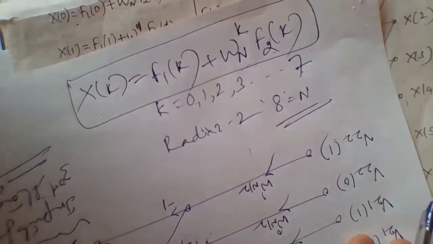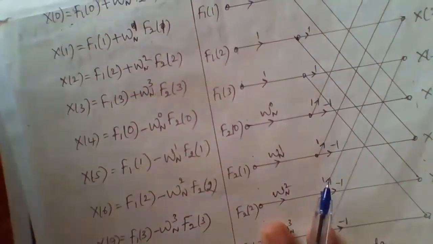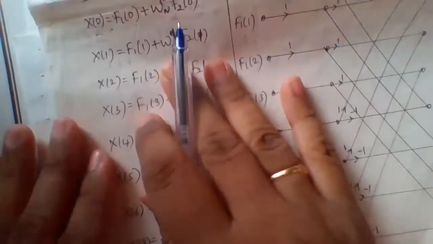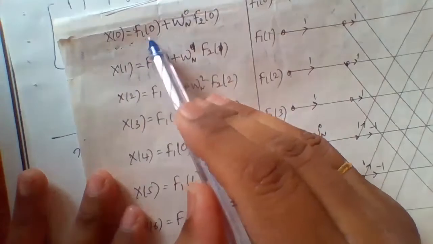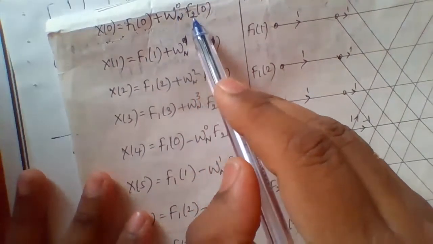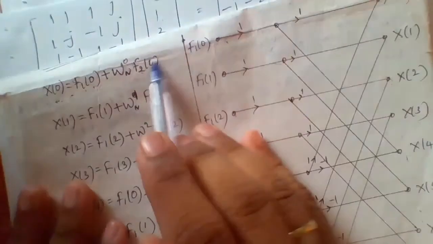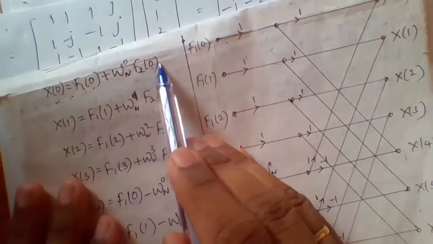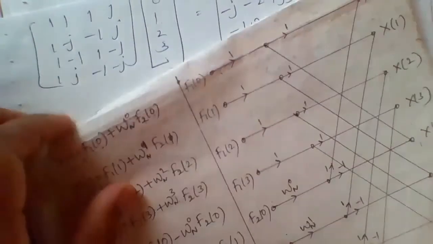Now we will go on substituting. First, this x of 0 is nothing but f1 of 0 plus w raised to 0 f2 of 0. If you are not able to clearly observe it, I'm going to write.